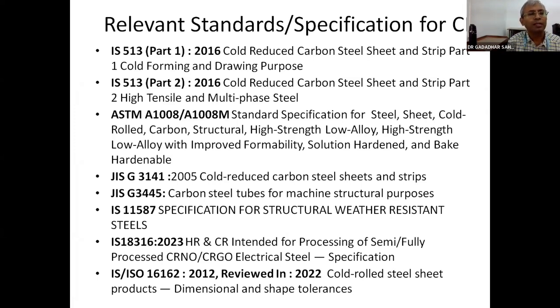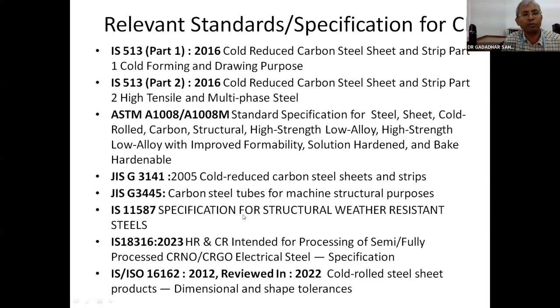Sometimes inquiry comes to us regarding the grades which are under ASTM A1008/A1008M, and I later tell them how these are equivalent to IS 513. Then there is also G3141, cold reduced carbon steel sheet and strips.